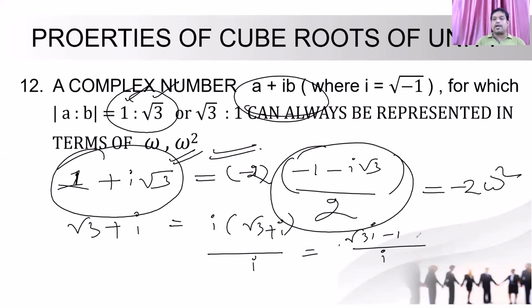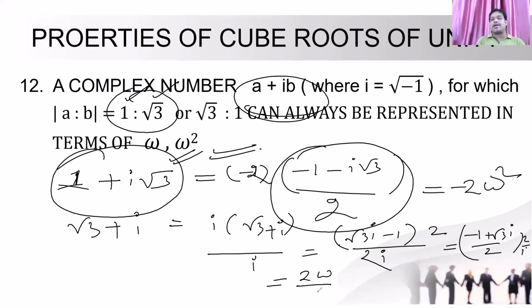So now I'll multiply 2 on numerator and denominator. Then the numerator is minus 1 plus root 3 i, divided by 2 into 2 by i. So in the denominator i is there. Okay, so minus 1 plus root 3 i by 2 is what? Omega. So 2 omega divided by i.